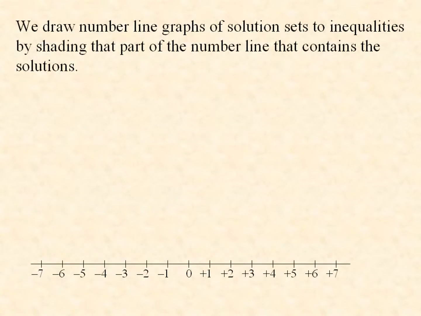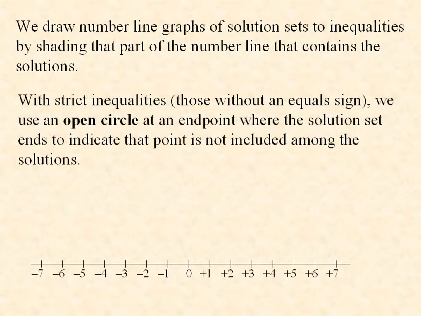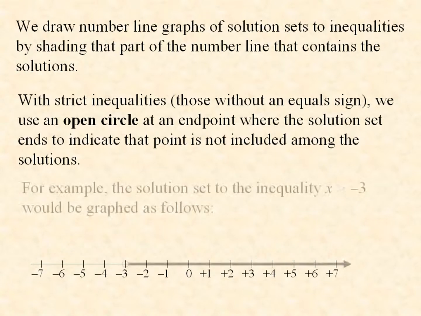We draw number line graphs of solution sets to inequalities by shading that part of the number line that contains the solutions. With strict inequalities, that is, inequalities without an equal sign, we use an open circle at an endpoint where the solution set ends to indicate that point is not included among the solutions.